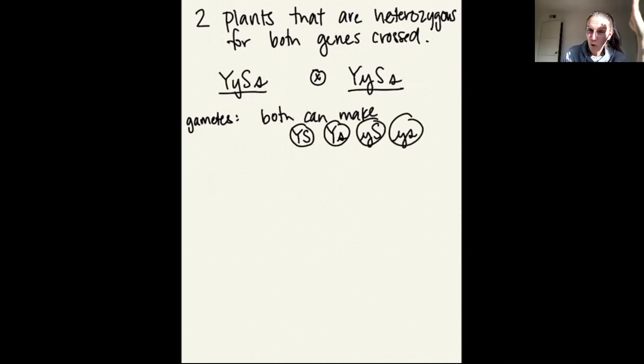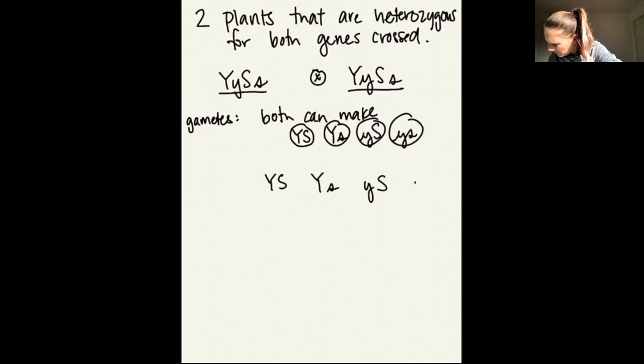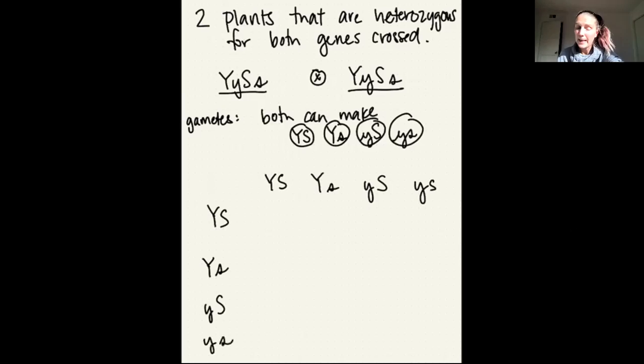You guessed it, a 4x4, right? So we're going to see a 4x4 Punnett square. Are you going to have to be able to do this? Yep, sure are. So you might as well get practicing, and it just takes practice, all right?